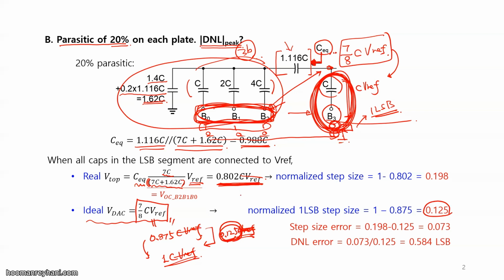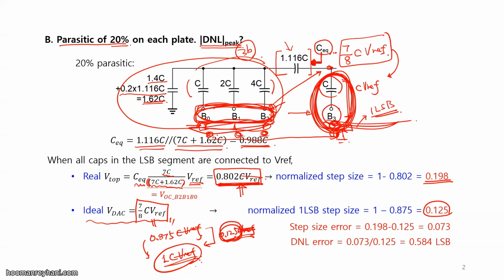right? But in real situation, we have this one earlier with the code 1110. And then when code changes to 001, we have again this one, right? So the step size in this case will be this one. This will be the maximum error step size. Okay, because each part is ideal.